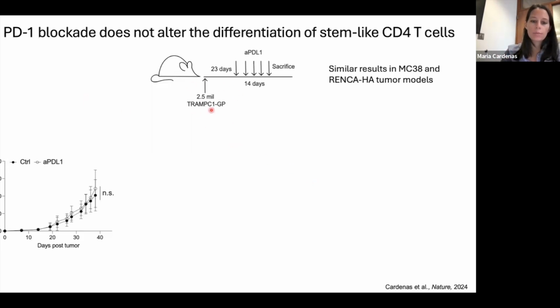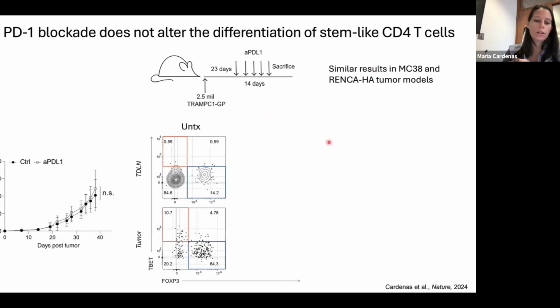We still use this TRAMP-C1 model, and as a note, this model is refractory to PD-1 therapy, but we also did it in 2 models that are responsive, and the results were very, very similar. And so the setup here is we inoculate with tumor, we wait for about 2 to 3 weeks for this tumor to establish, and then we treat with anti-PD-1 therapy for about 2 weeks.